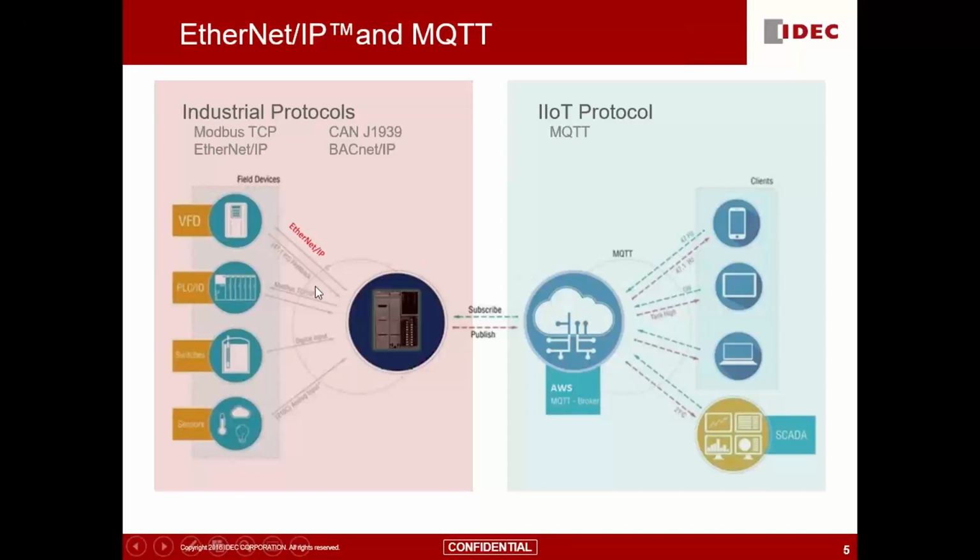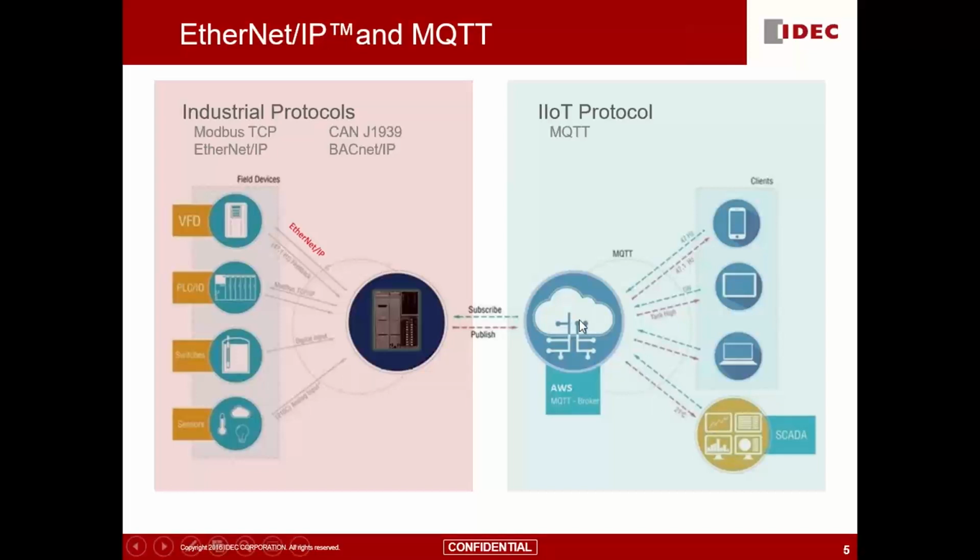As you can see on this slide, on the left-hand side you have industrial protocols, where the PLC is talking to all the field devices using protocols such as EtherNet/IP, Modbus TCP, or others, to the controllers, and then the controller pushes that information to the database, which is a cloud database such as Amazon, Google, Apple, and so forth.